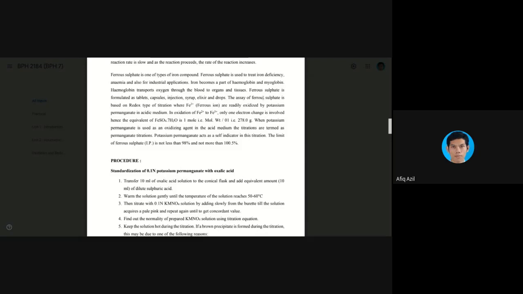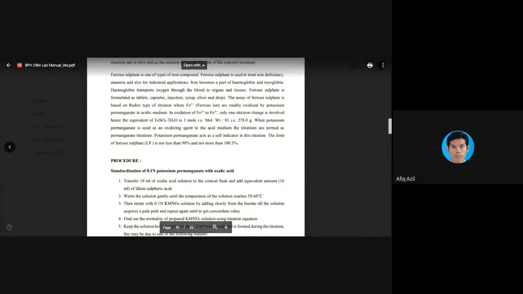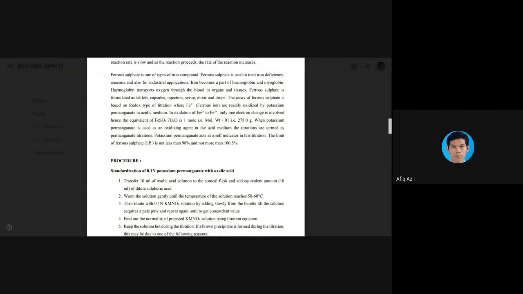So the assay of the ferrous sulfate is based on redox titration, in which your iron 2 plus will be converted to iron 3 plus. So from iron 2 plus to iron 3 plus, it will undergo oxidation, while the manganese will undergo reduction, so its oxidation number will decrease.